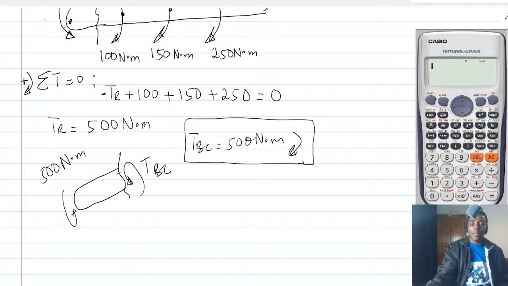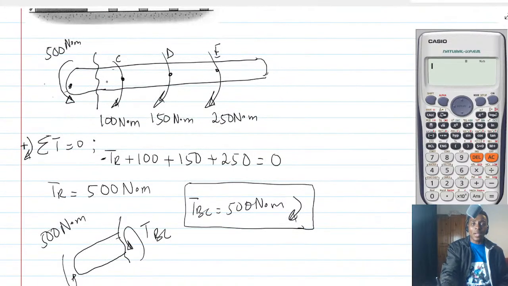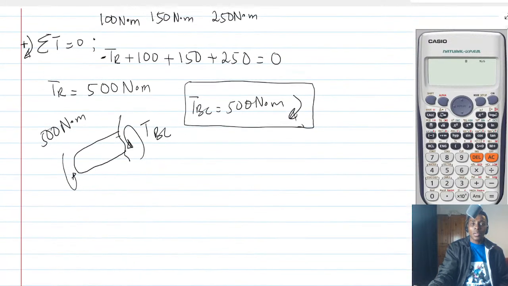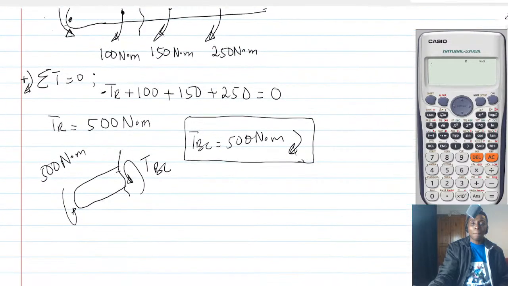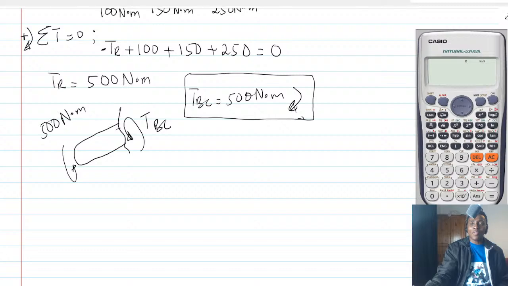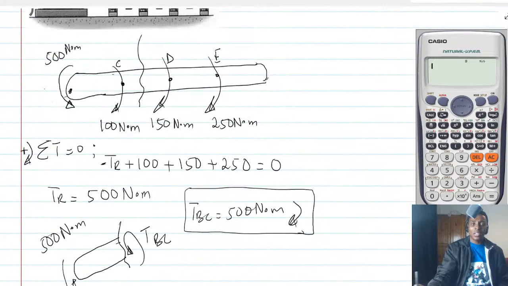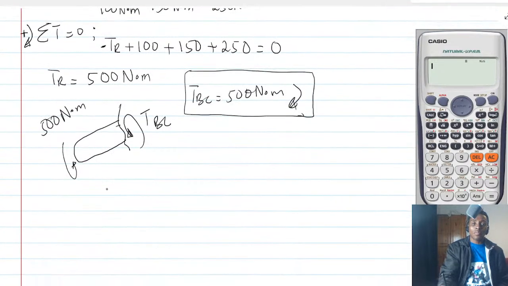And then, so we are done with the first part. Now to look at the second part, we will look at CD. So again, we will come and take a section here. So if you look at the section, it's like you have cut all the way here up to C. So you are going to get something like this.